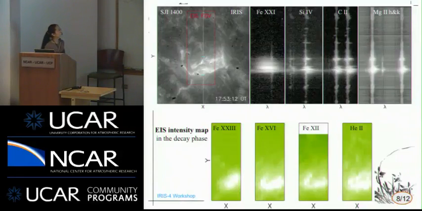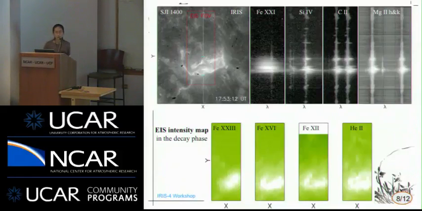The red box here shows the EIS scanning region overlapping with the IRIS scanning region. These are the EIS intensity maps in the Fe XXIII for hot plasma, the warm Fe XVI and Fe XII lines, and also the chromospheric helium-2 line. Here we can also see the 2 flare ribbons, but with a much lower resolution.